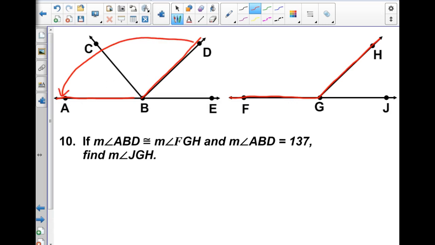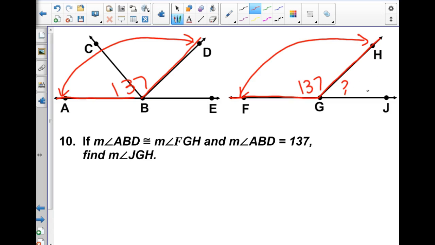That angle goes from here to here. FGH is going from here to here. And it says the measure of angle ABD is 137. Well, then it's asking us to find the measure of angle JGH, which is here. If ABD is 137, and they said that FGH is congruent to it, then this one's 137.